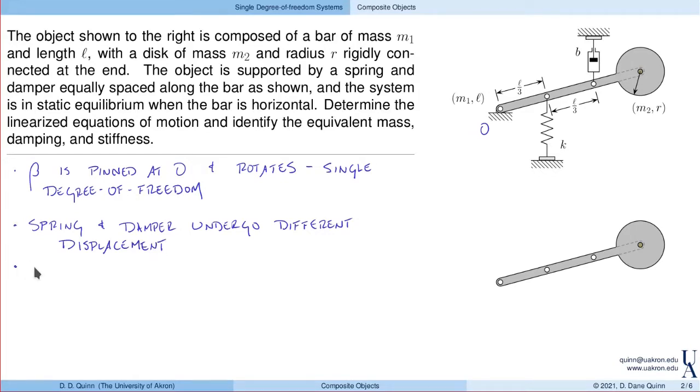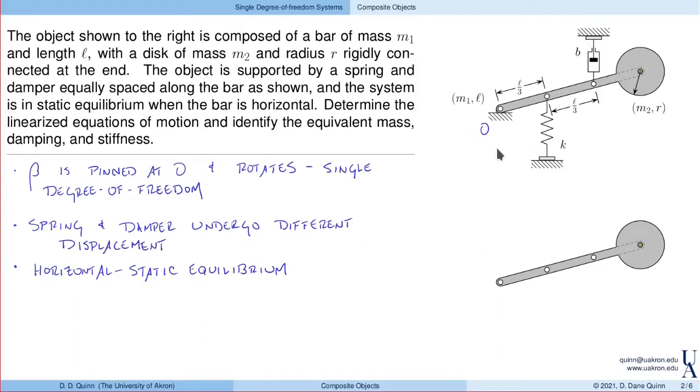So in addition, we said that when the bar is horizontal, the system is in static equilibrium. And that allows us to neglect the role of gravity here when we measure from static equilibrium. Now, I'd like to contrast that, with a thought experiment, to an earlier problem that we did where we had a bar that was hanging down.